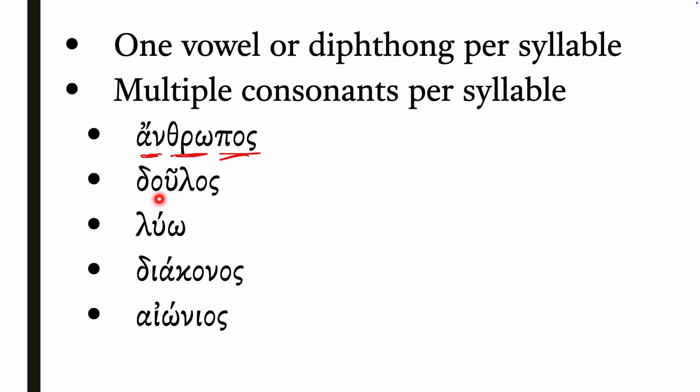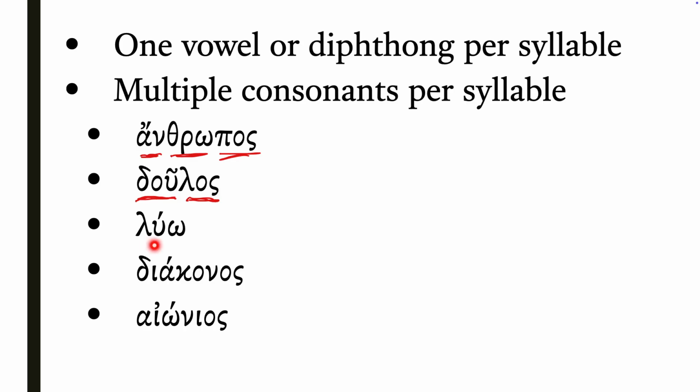Our next word here, doulos. So this is our first syllable, delta, with the diphthong omicron upsilon, which makes the oo sound, do. Our second syllable is los, 2 consonants, one vowel. Do, los.